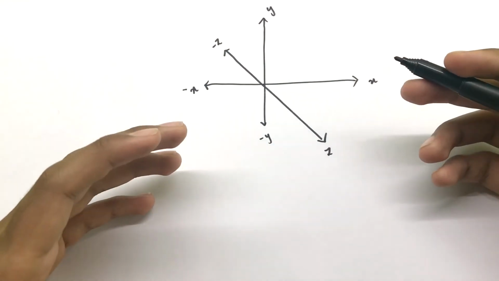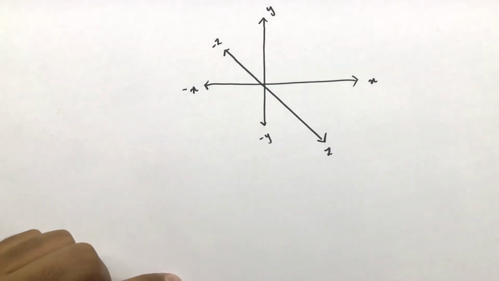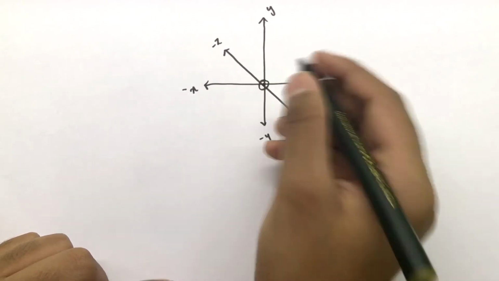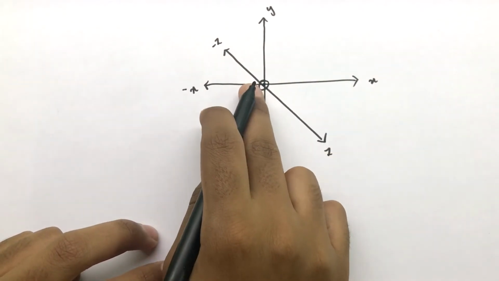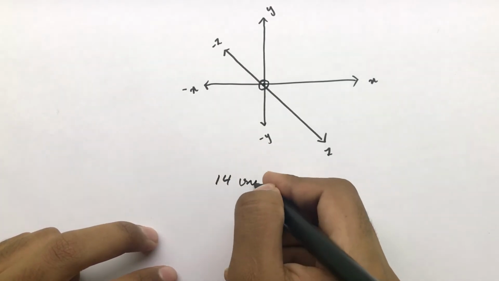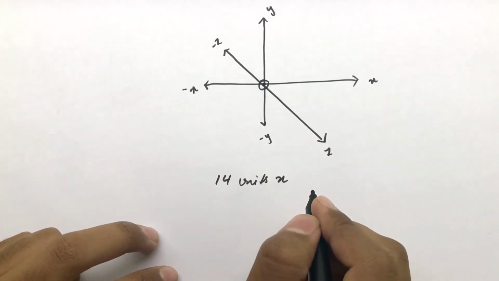Okay, so now we're going to take a simple example. Let's assume there is a man at the origin, at the point of coincidence of the 3 lines. This person moves 14 units along the positive x-axis.